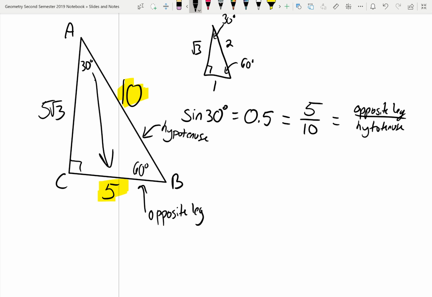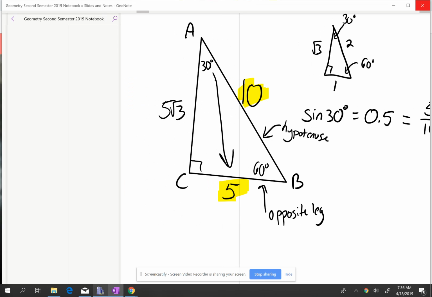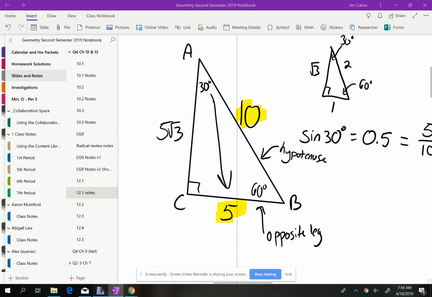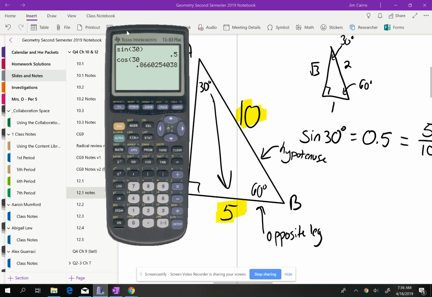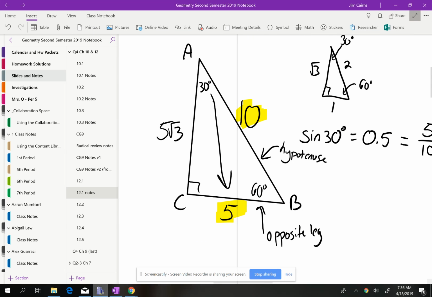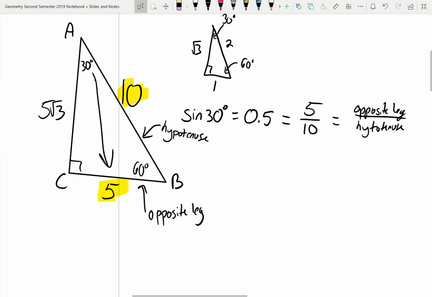If you go on your calculator and type in cosine of 30 degrees, you'll get 0.866. So cosine of 30 degrees equals 0.866.